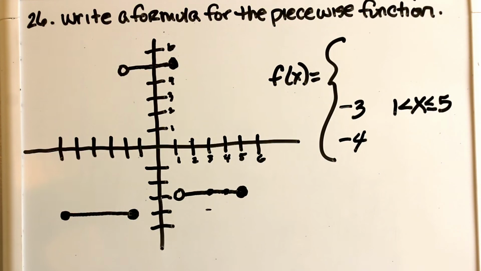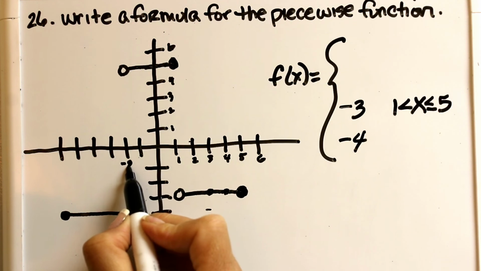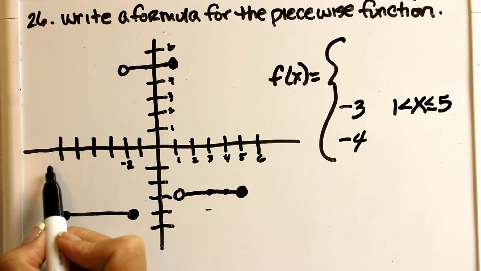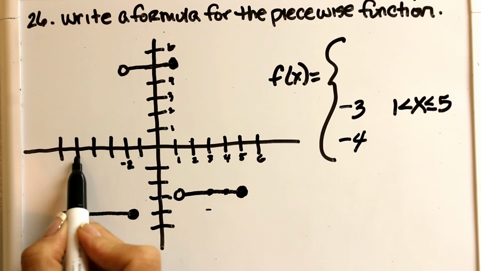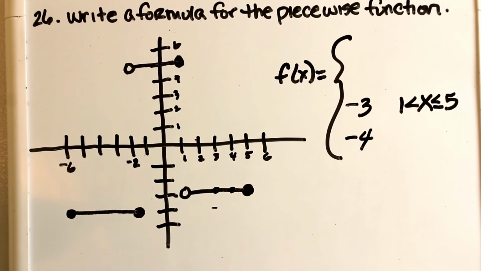But once again, we do not want the entire line. We only have one segment of it, and we only want the segment in which x starts at -2 and goes through -6. This is the only piece of that function that we want.